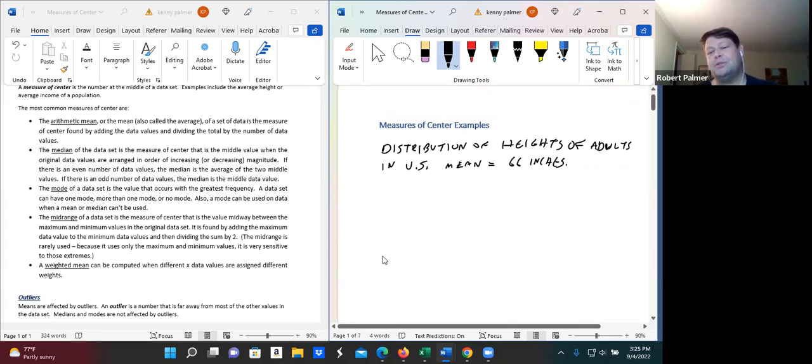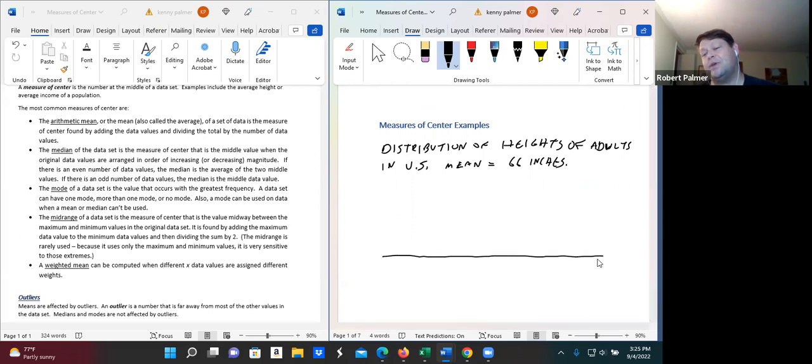So let's think about a distribution of that, plotting it along this axis. Along this axis, we have our height, and along this axis, we have the frequency.